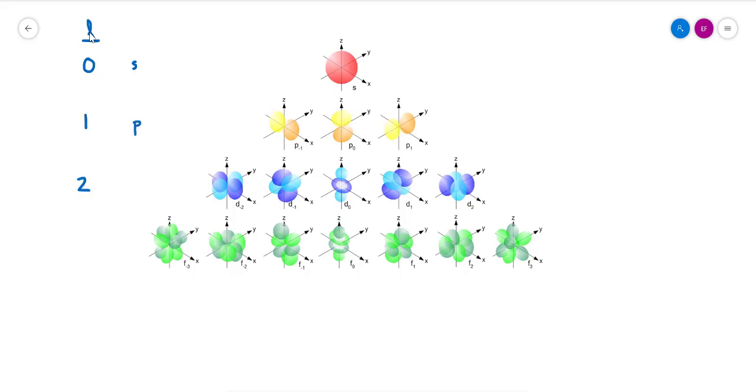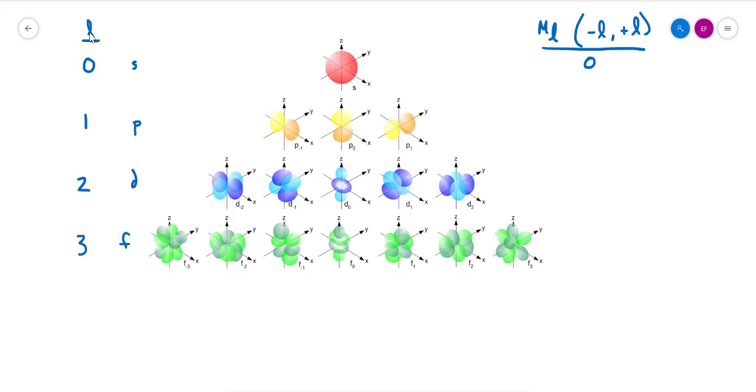We have l of 2, which are the d orbitals. And we have l of 3, which are the f orbitals. And then remember, m sub l can take on anything from minus l up through plus l. So this can only be 0. So that gives rise to only one orientation, and that makes sense because it's a sphere. You can rotate a sphere in any orientation, it's still the same sphere.